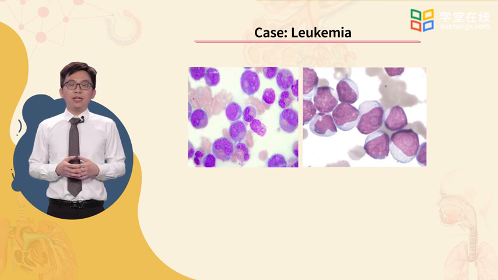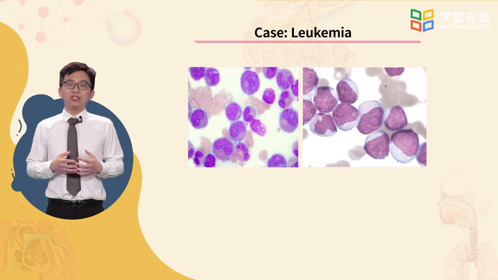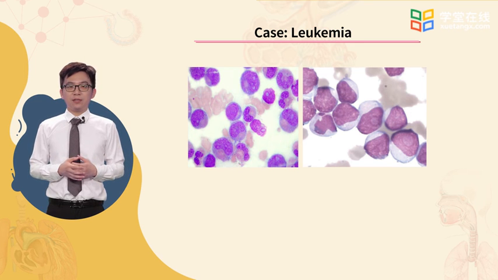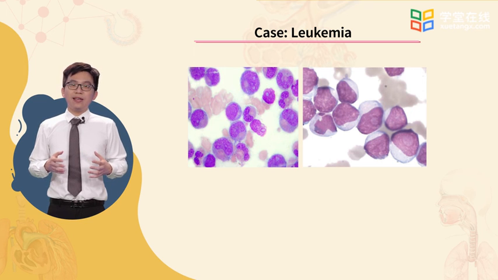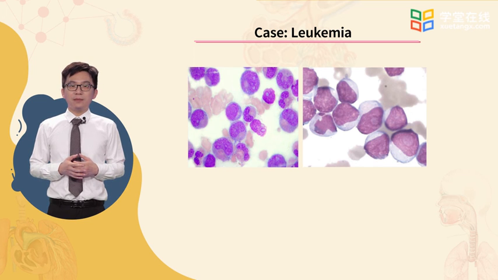In this case, the incredibly high level of white blood cells is malignant and may be weakened or dysfunctional in fighting pathogens, putting the patient at the risk of developing infections. Even worse, the patient's red bone marrow is churning out many abnormal white blood cells, which are crowding out the production of normal bone marrow elements. Therefore, besides infections, the lack of platelets fails to stop bleeding, and the lack of erythrocytes results in anemia.